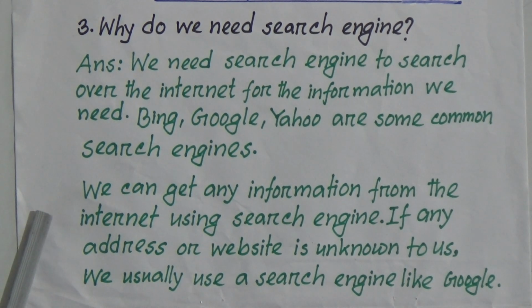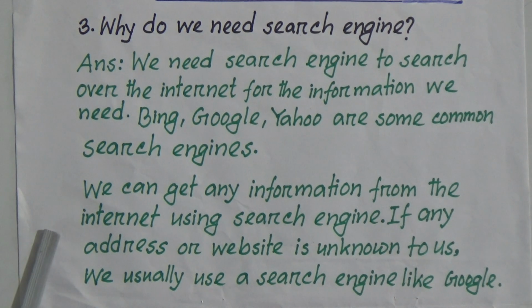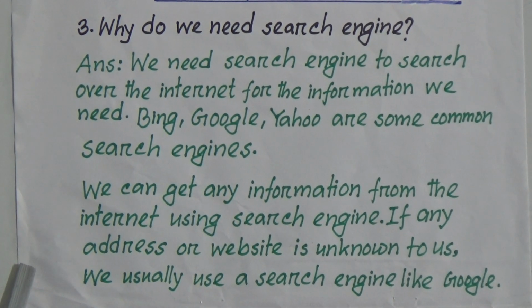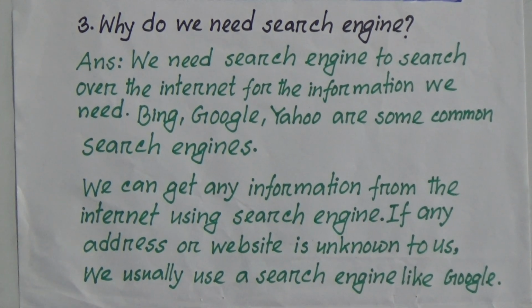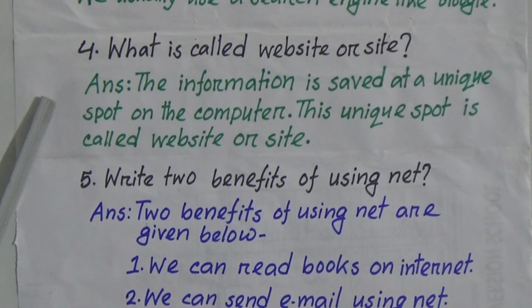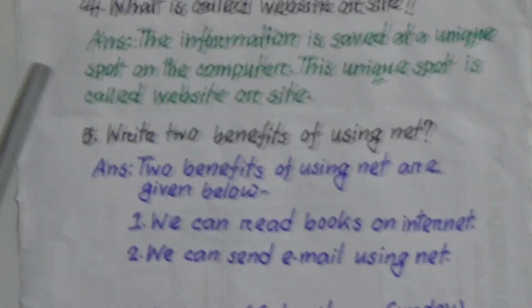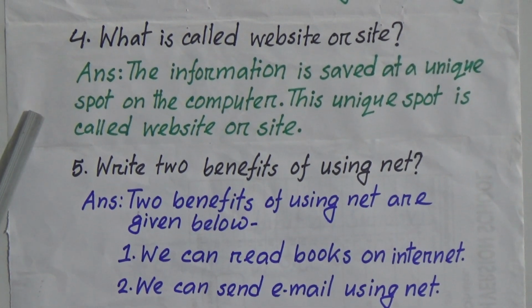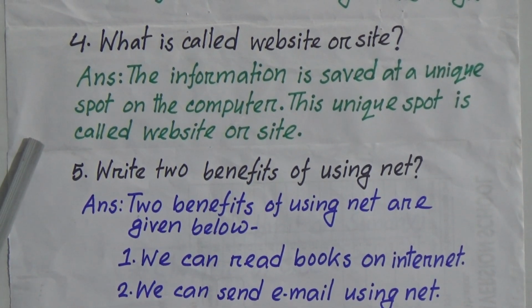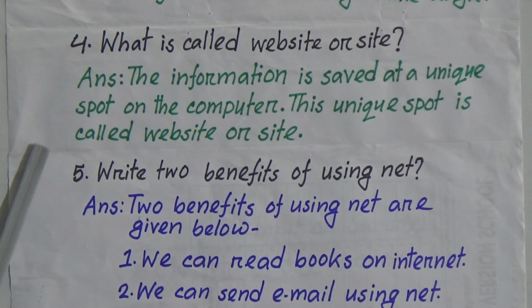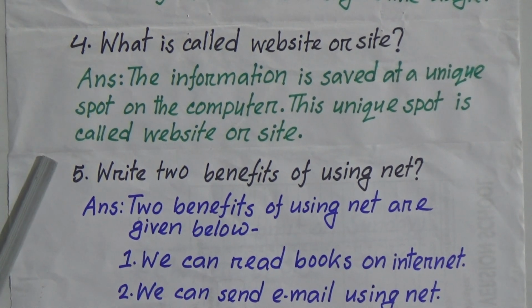We can get any information from the internet using search engine. If any address or website is unknown to us, we usually use a search engine like Google. Number 4, what is called website or site? Answer, the information is saved at a unique spot on the computer. This unique spot is called website or site.